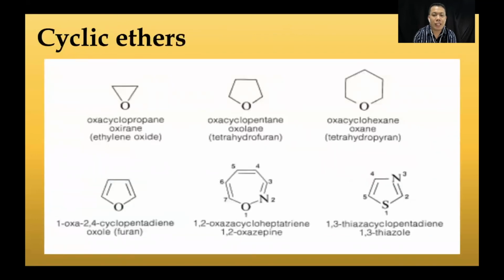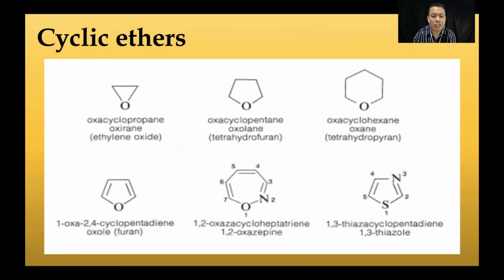So these are other cyclic ethers with their common names and IUPAC names. You have here oxacyclopropane, oxirane, oxacyclopentane, oxolane, oxacyclohexane, oxane. Then the one at the bottom is furan or 1-oxa-2,4-cyclopentadiene, known as oxole.